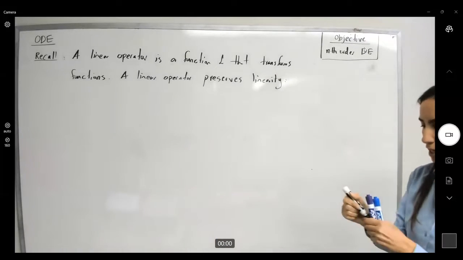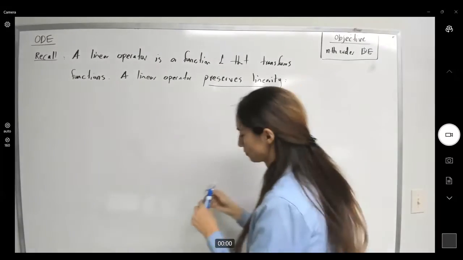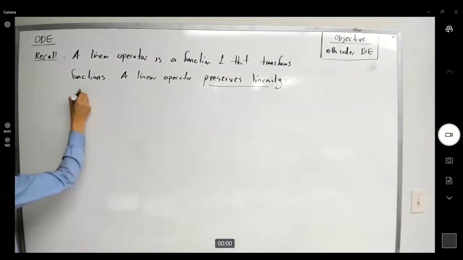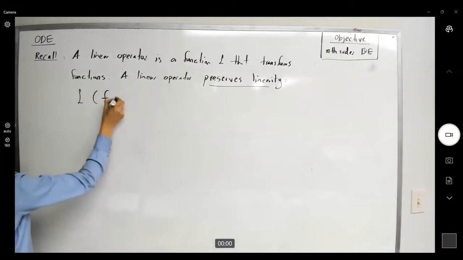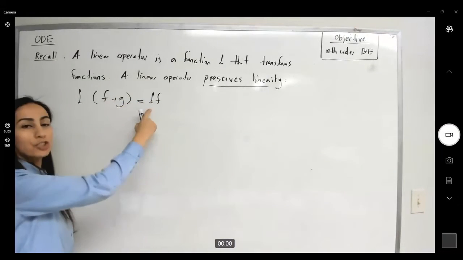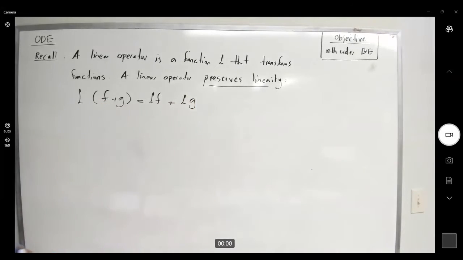What's the meaning of that? Preserves linearity. It means that if you have the sum of two functions, f plus g, L gives you the transformation of f plus the transformation of g.